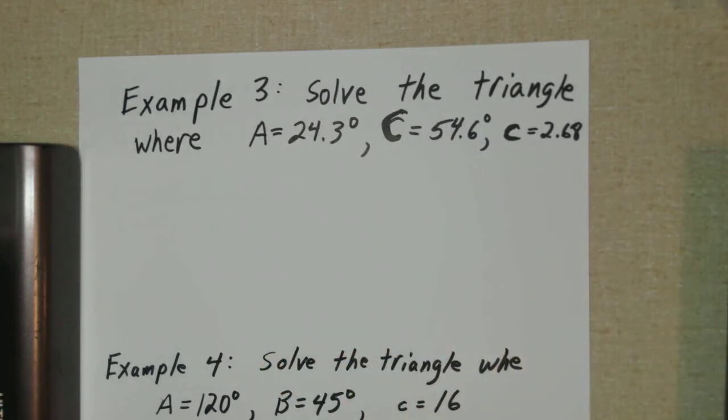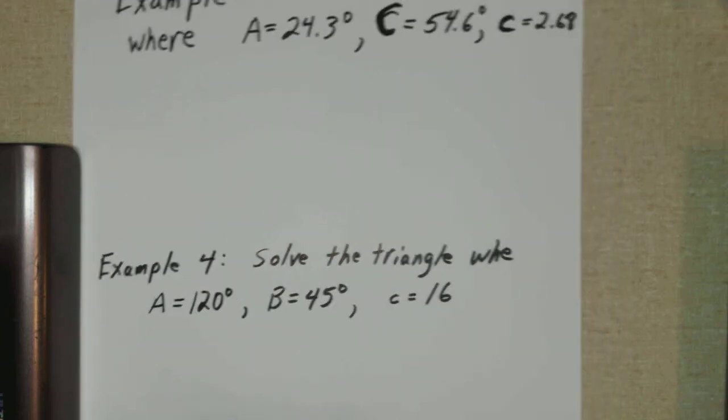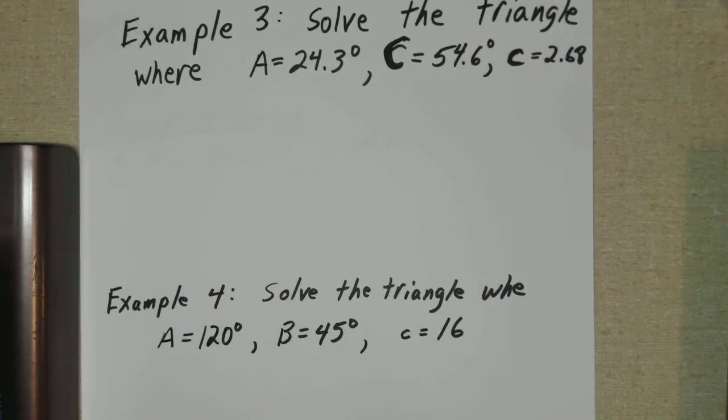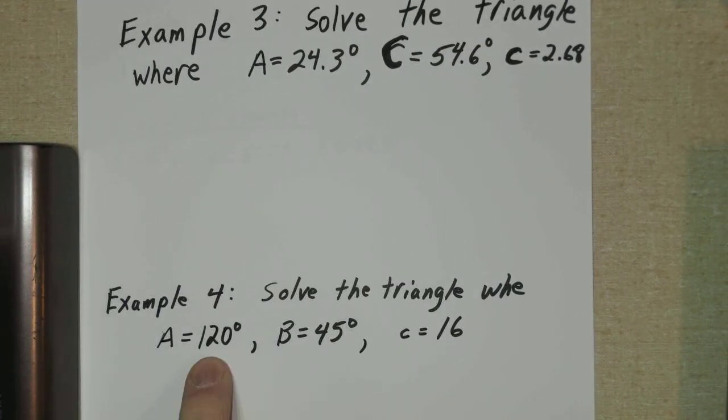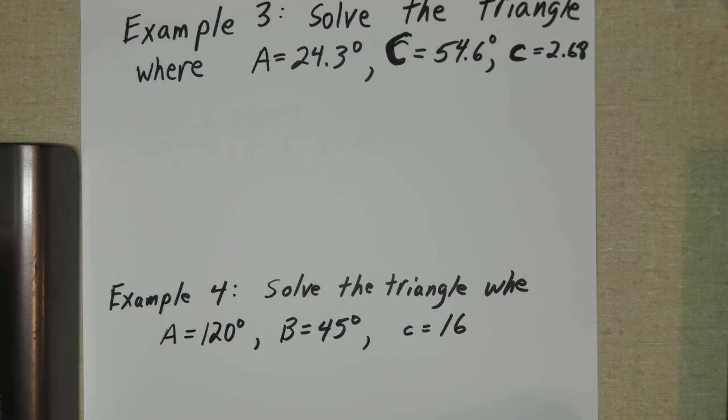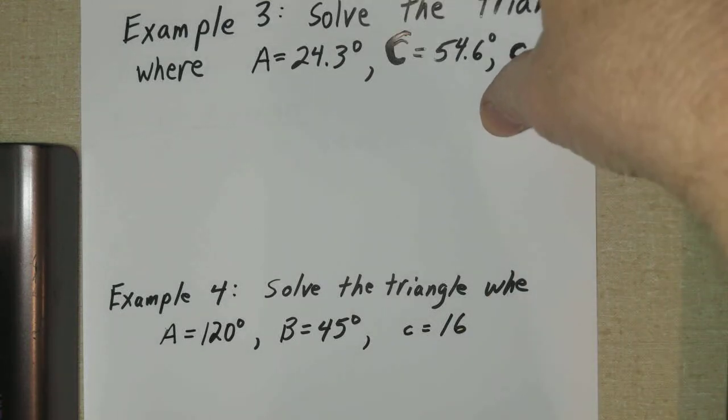It's 2.68 units long. And example 4 here, you've got angle A, angle B, and little c. Then identify, is it an angle side angle or an angle angle side? All right, so go ahead and get those answers.